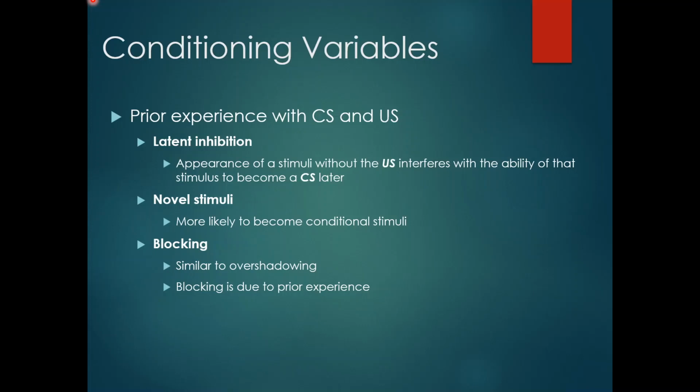When we experience latent inhibition, we can experience something called blocking, which is similar to overshadowing, where a variable does not become conditioned. However, while overshadowing is due to one stimulus being too powerful, blocking happens because of prior experience with a variable. So when prior experience with a variable prevents it from becoming a conditioned stimulus, that's called blocking.